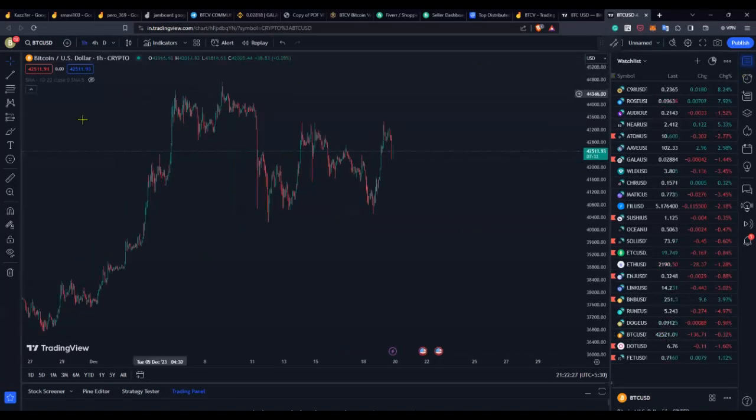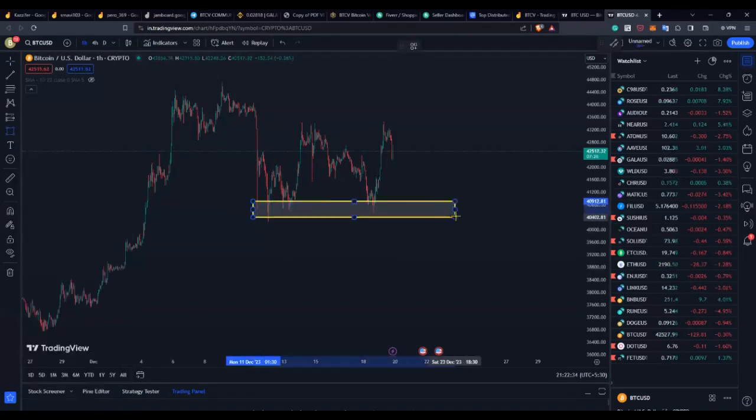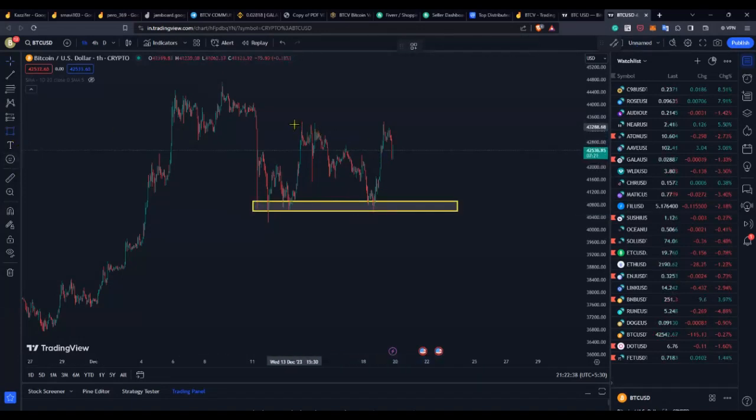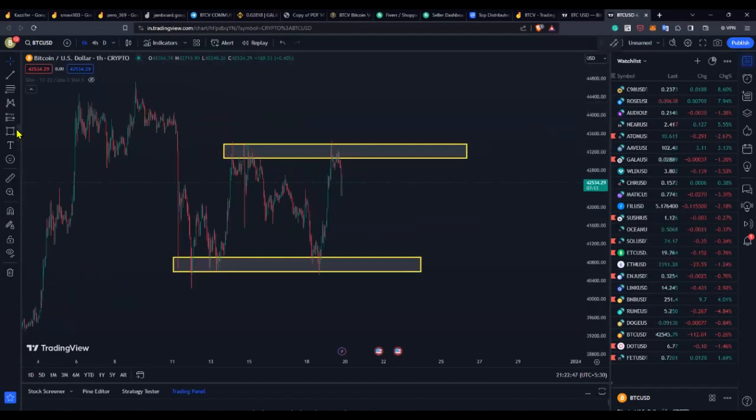Now what you have to do is very simple. Draw some support and resistance by using a rectangle. So that's a support for me. That's a resistance for me. Let me do it in the proper way.